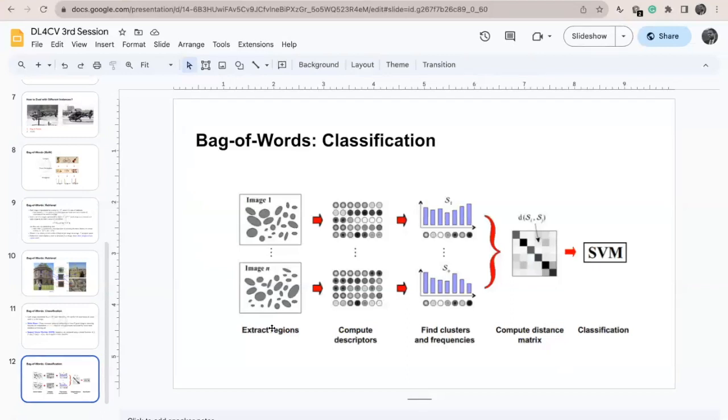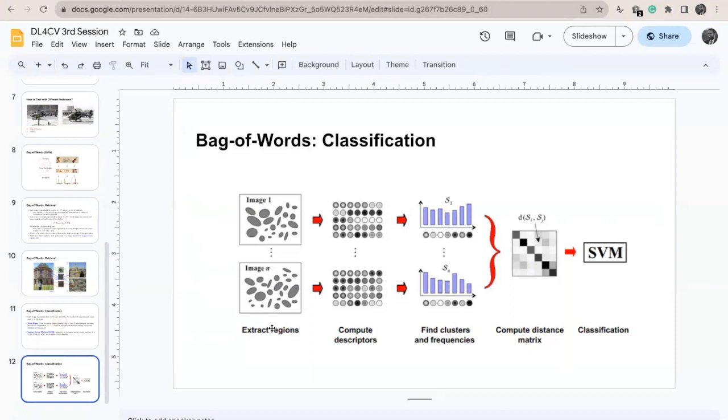Then coming to the final thing. This is the same thing, but I just put it out here like this: this is image 1 up to image n.